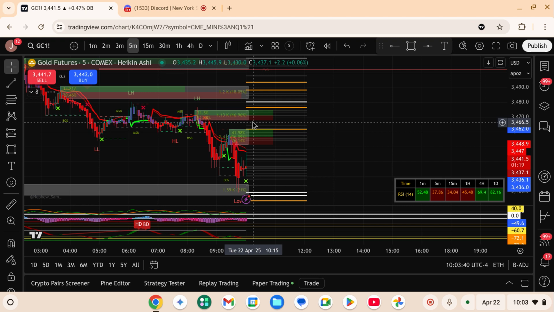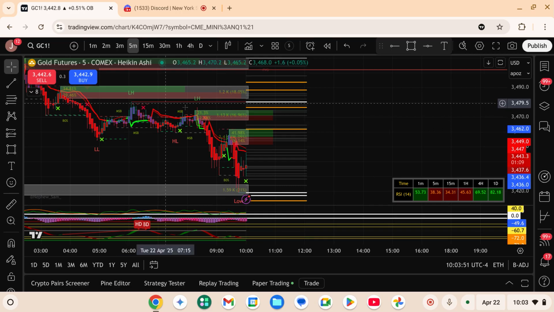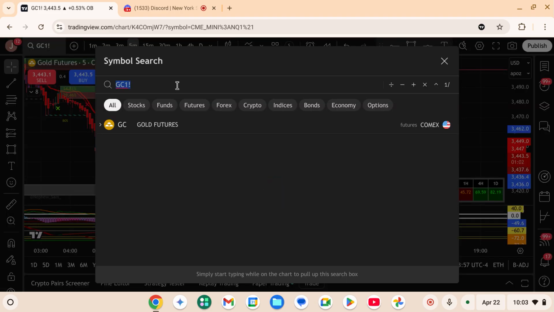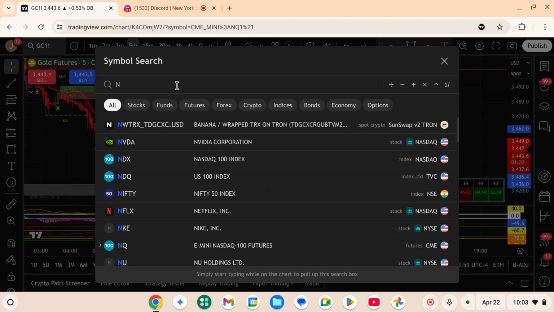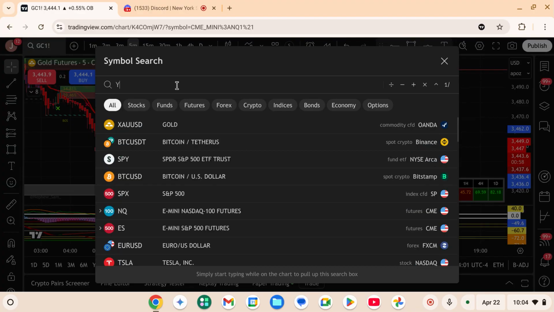So NQ, US30, and the S&P should be bullish. This always does the opposite of what those do. Not always, but most of the time.